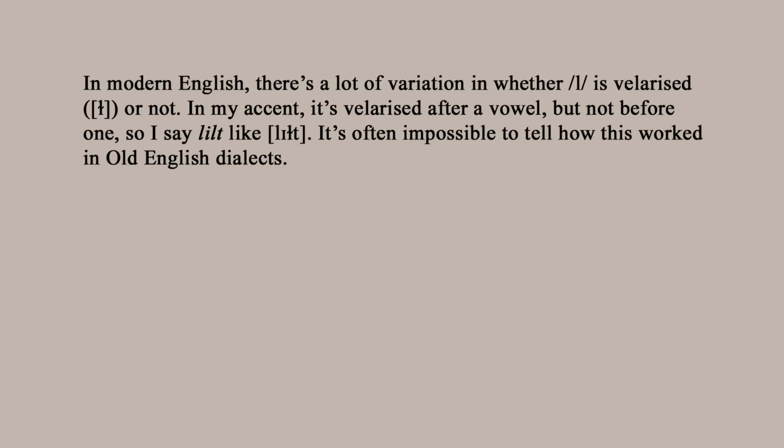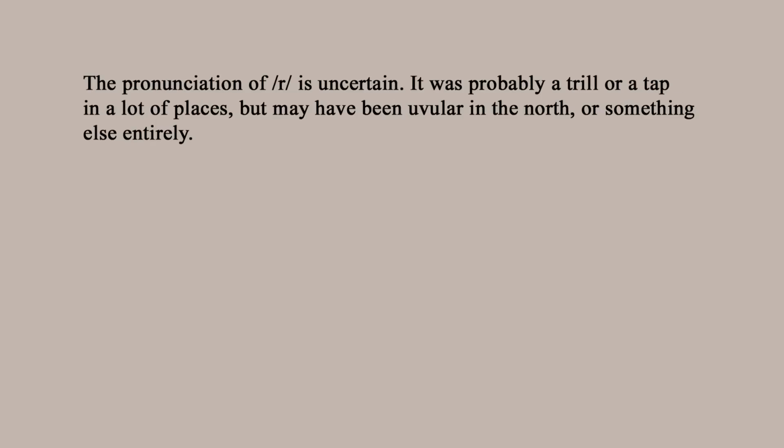And another thing that's uncertain is how the letter R is pronounced across the country. So a lot of people go for the trill or the tap, ra or era, which there's a bit of evidence for in southern England up until the 1700s, at which point we probably started using the approximant r. But there are rural northern English dialects that use a uvular realisation, something like r, into the 20th century.